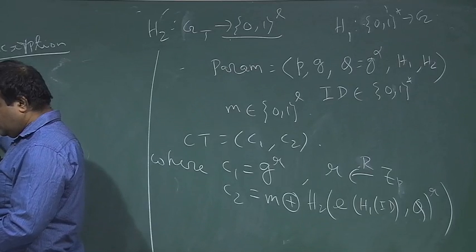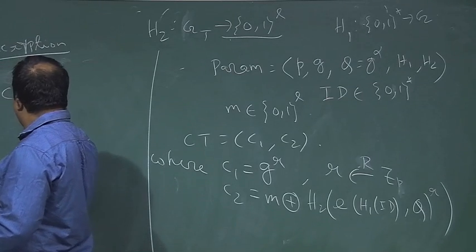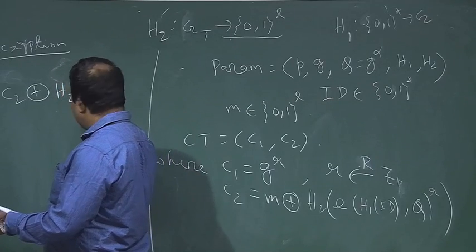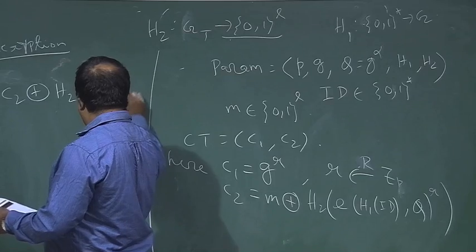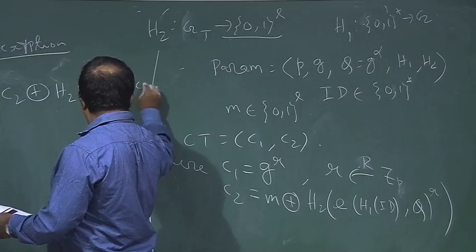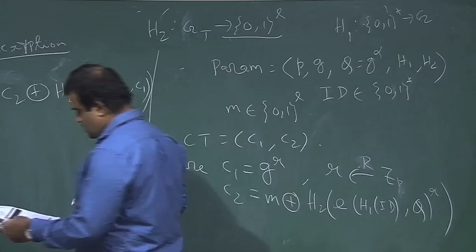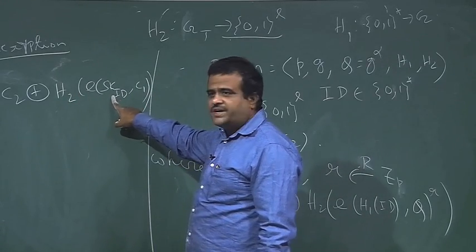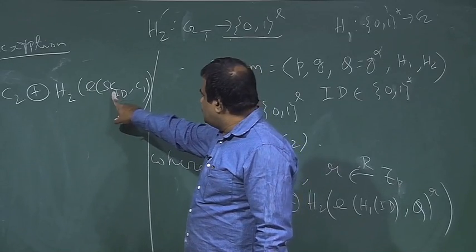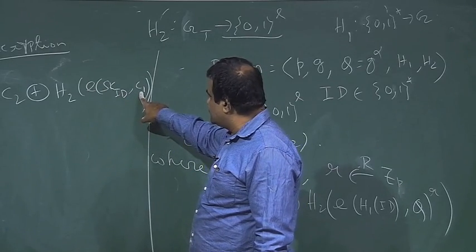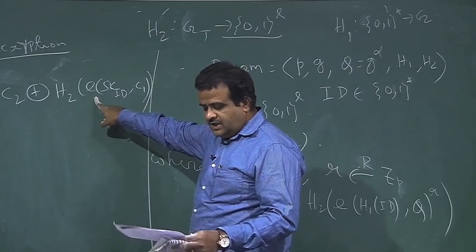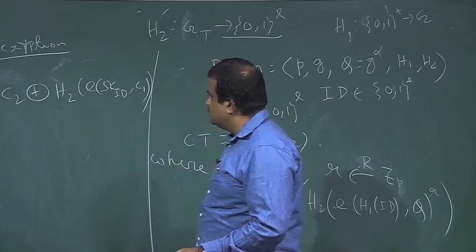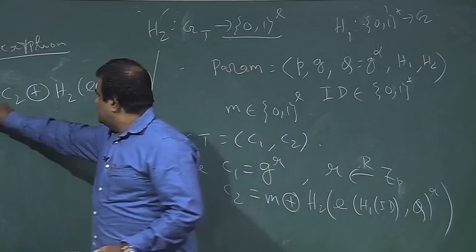Bob will just do M is basically C2 XOR with H2 of e of SKID, comma C1. So, this is the Bob secret key, and C1 it is getting from the ciphertext. So, it will compute e of SKID and C1 and apply H2. H2 will again give an L bit string, and this should give us M.